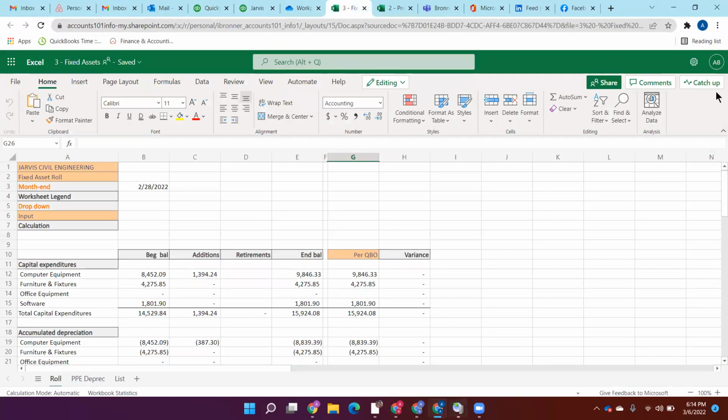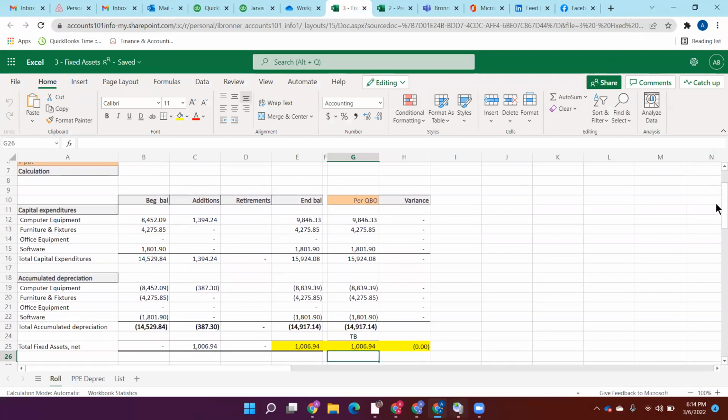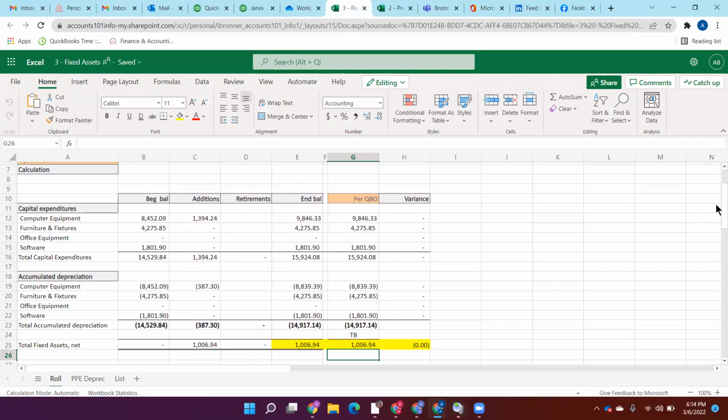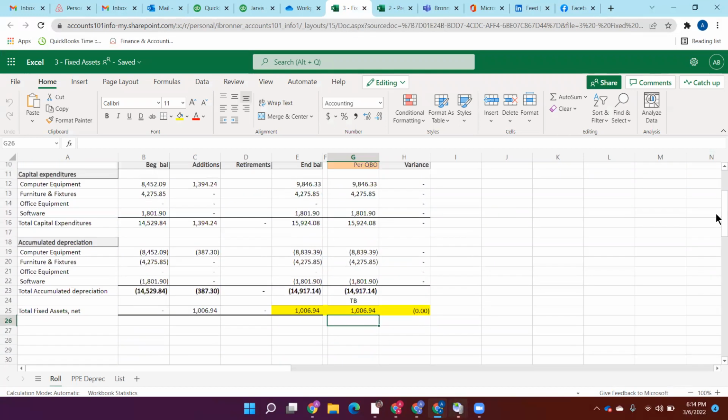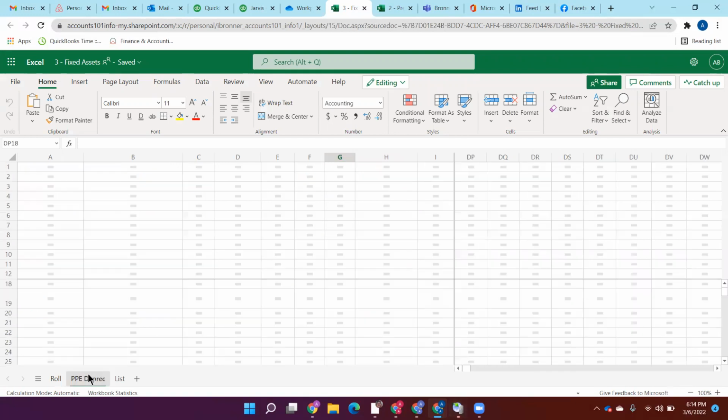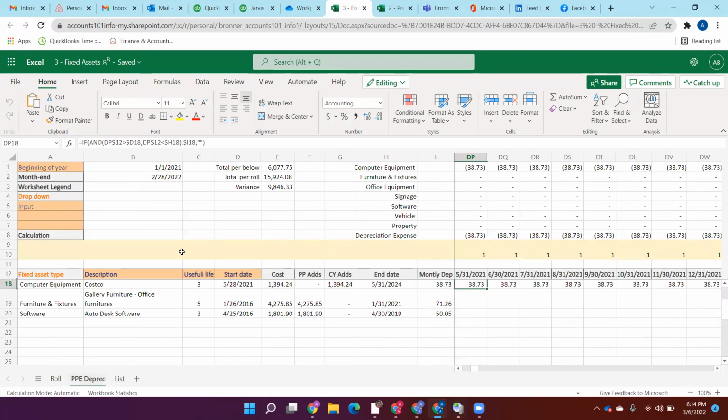That's correct. Right. So since they didn't have any fixed asset additions or disposals, the only change in the account would be accumulated depreciation or depreciation expense for the month. Okay. And she tracks that here. So she showed me how to add if there is an asset purchase and for the useful life and all that.